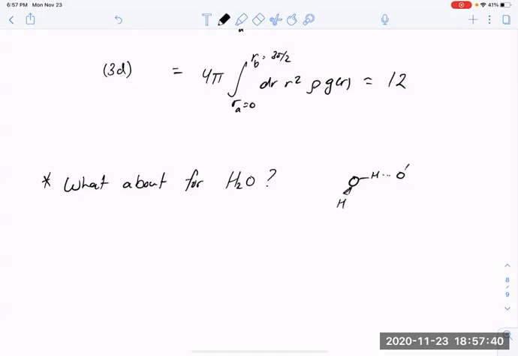Those hydrogens interact with the oxygens of other water molecules. How many hydrogen bonds are formed with one water molecule at the center? 4, right? So the coordination number of something like water, liquid water, is much lower than a simple fluid in 3 dimensions.